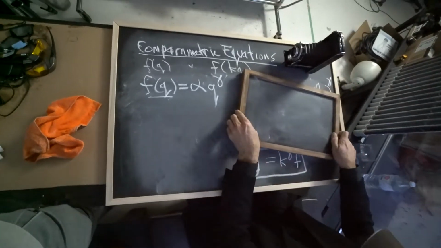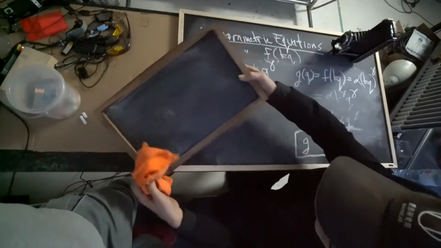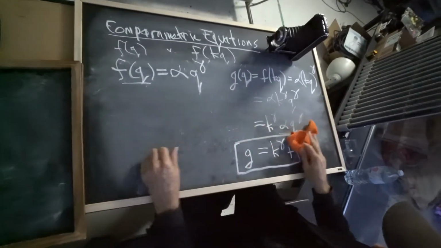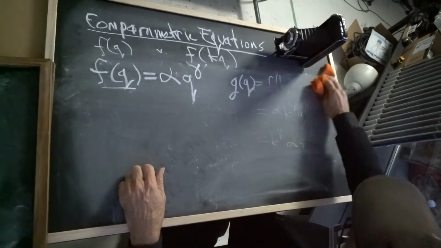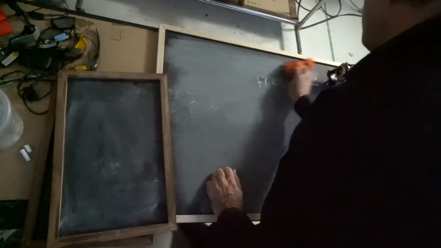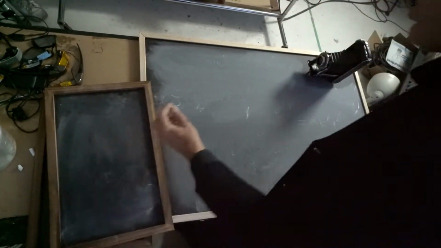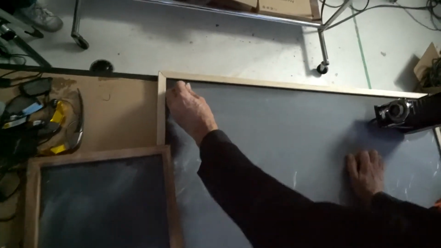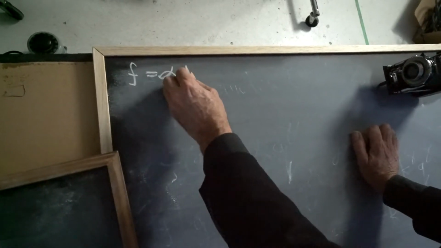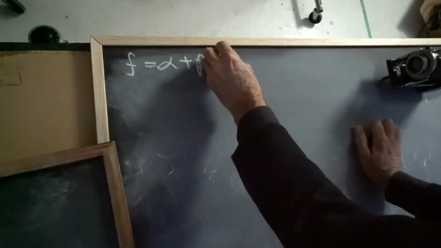Now, let's take another example here. Let me get another piece of chalk. So let's say that we have f of q equal to alpha plus beta q to the gamma.